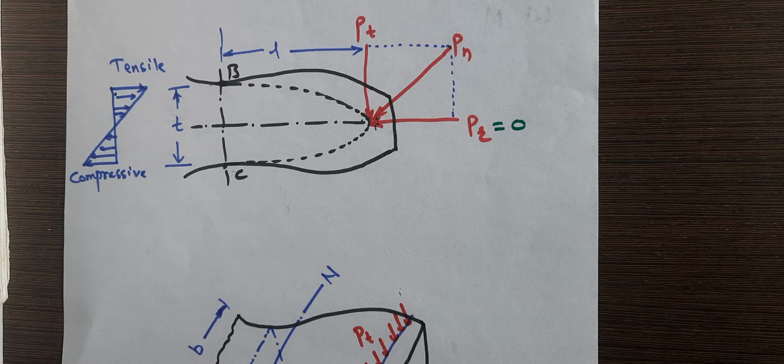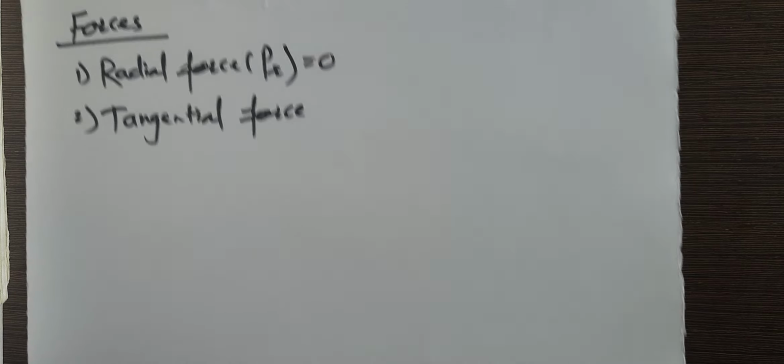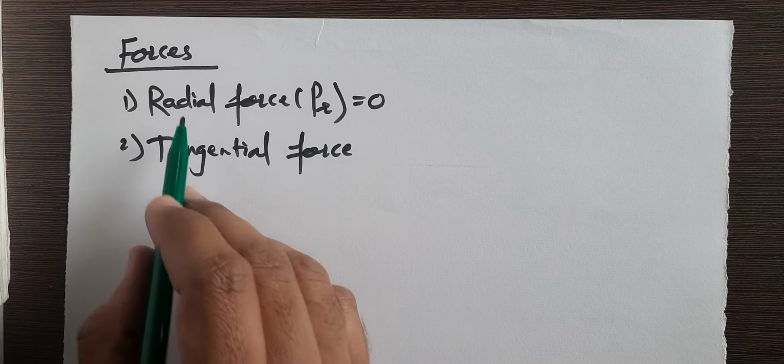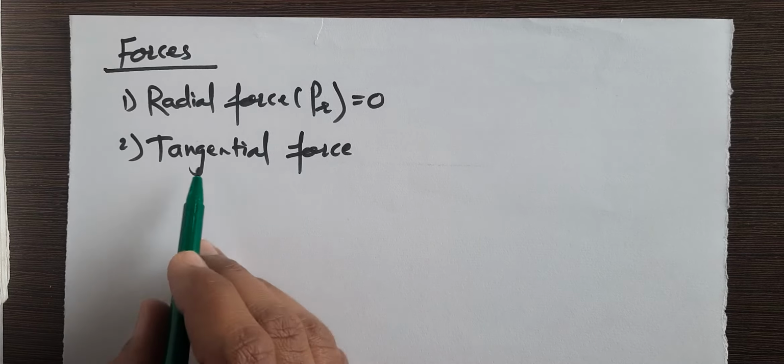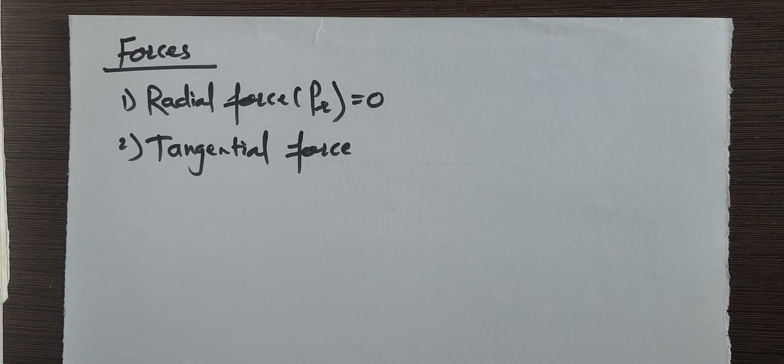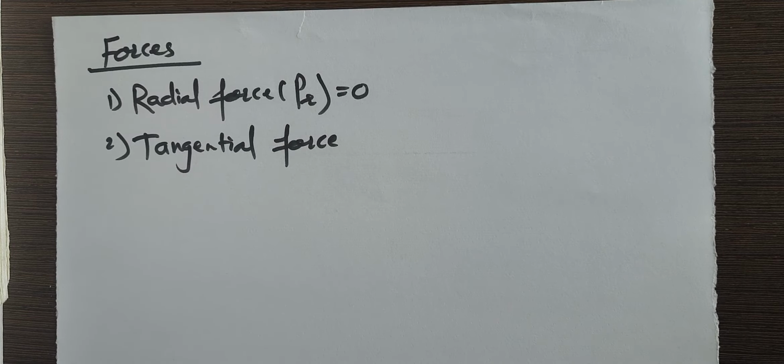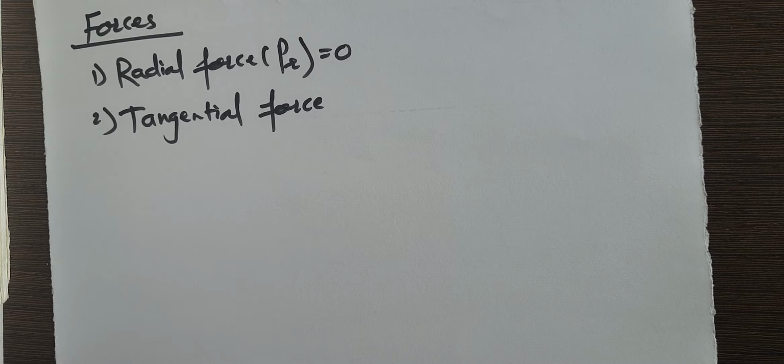Now after this we'll go into the detailed derivation. According to our first assumption, we have assumed that the radial force is 0, and now we'll go for the tangential force. We are denoting the tangential force by PT.